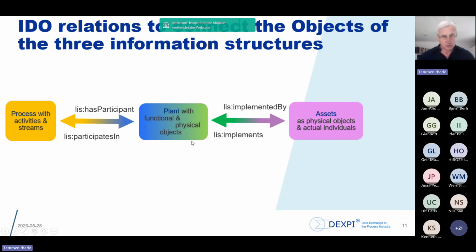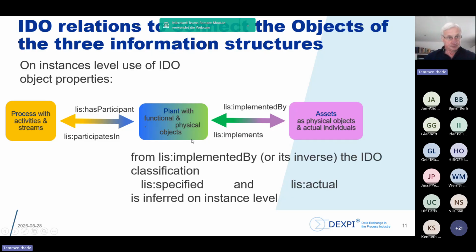And on instance level, we use this one with object properties as described, and the object properties LIS implemented by, and the inverse, these two ones here, they inferred that will be the LIS classification, LIS specified and LIS actual. That is done with this on instance level.